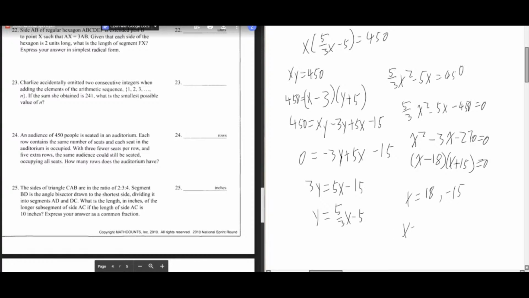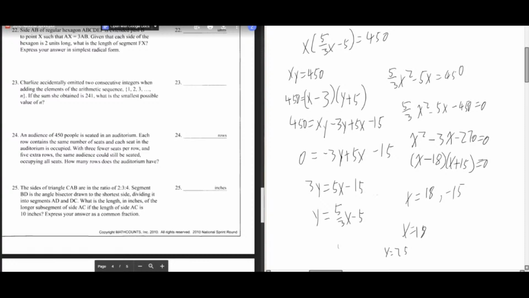And so x is going to be equal to 18. Is x our row? No, x is the seats per row. So the rows would be y equals 450 divided by 18, so it's going to be 25. Y equals 25. So we have 25 rows.